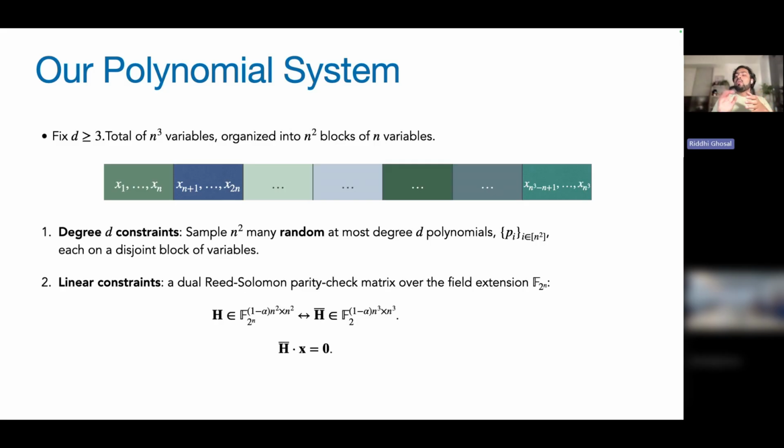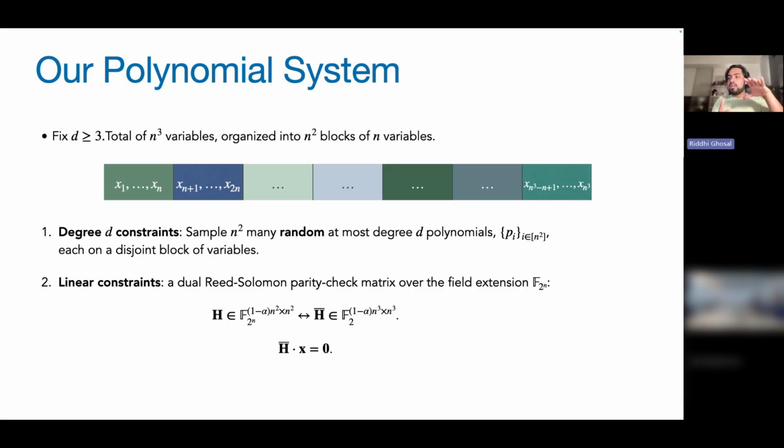So with this, what I'm going to add is a linear constraint. And this linear constraint is going to be a parity check matrix for a Reed-Solomon code. I am going to go into a brief background of these codes in the next slide, but just bear with me for now.